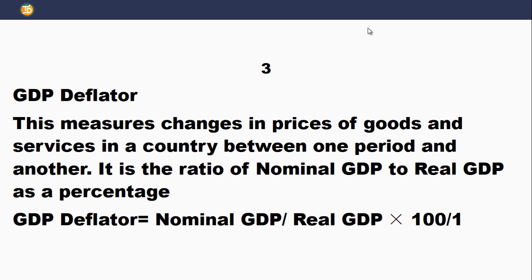Don't forget that consumer price index measures changes in final price, but GDP deflator measures changes in prices of goods and services between one period and another. It is a ratio of nominal GNP to real GNP as a percentage. So to calculate our GDP deflator, it is nominal GDP divided by real GDP times 100 over 1.